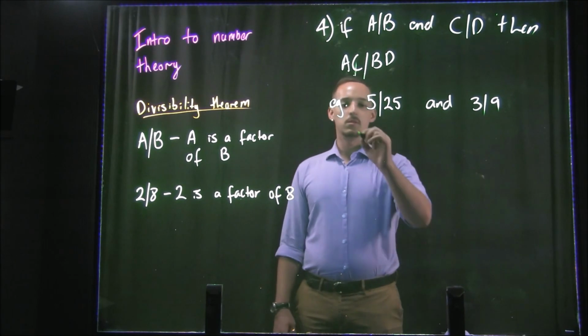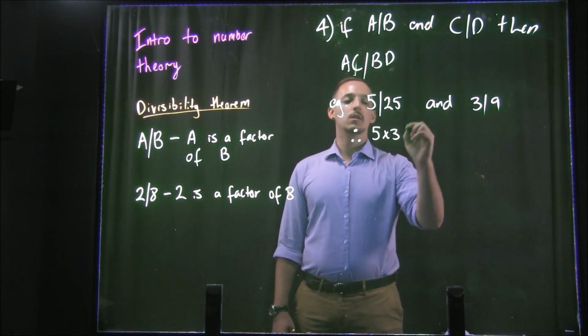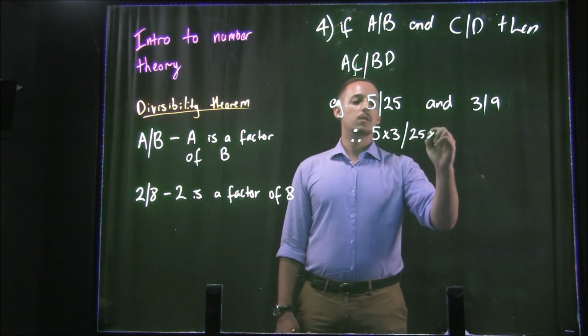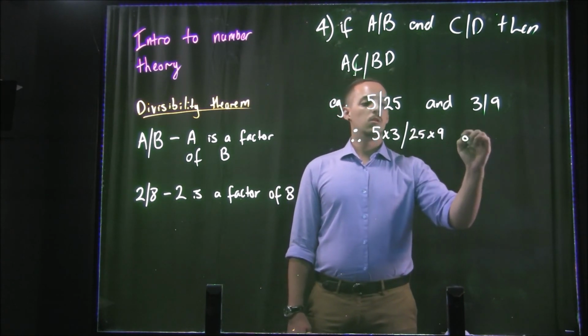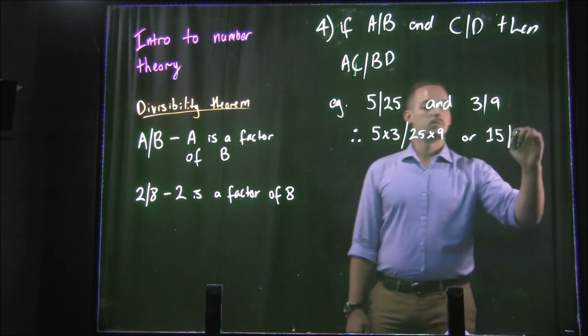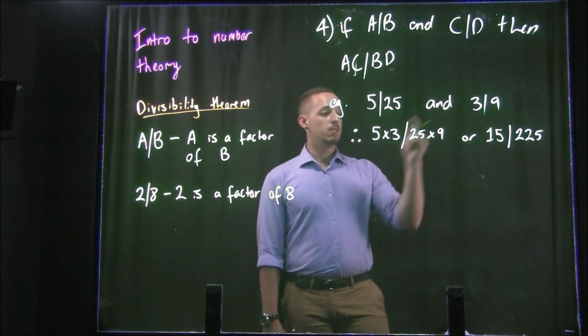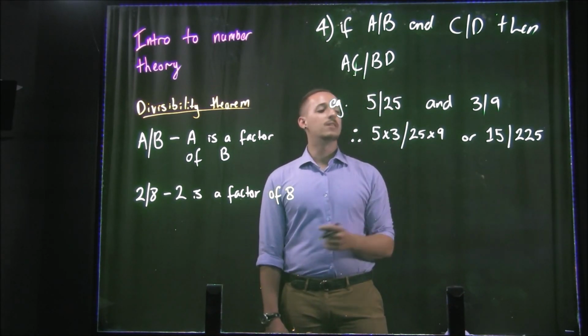Therefore, 5 times 3 is a factor of 25 times 9, or 15 is a factor of 225. And if you divide 225 by 15, you will find it is a factor.